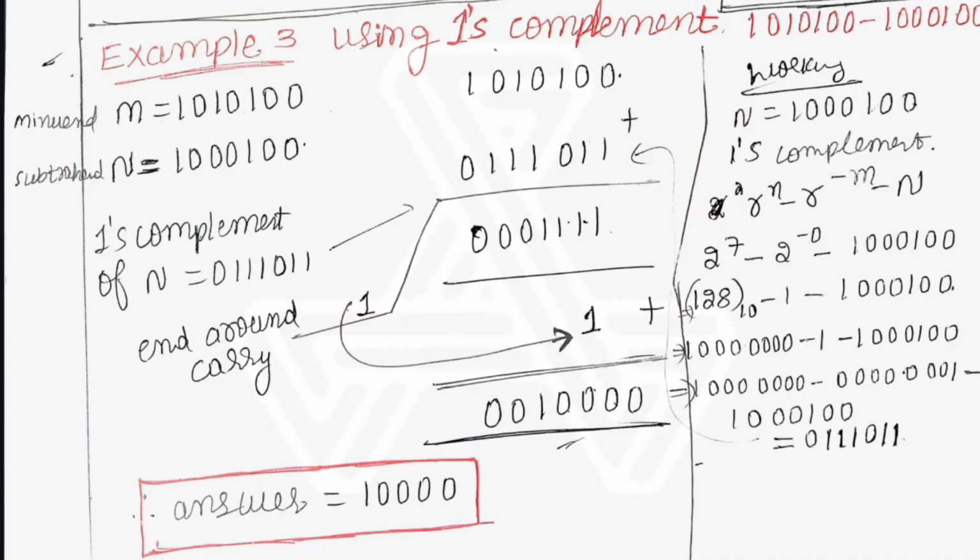So we take this as the base, 127, and then we need to add the minuend 1010100. That is equal to 1 1, so it is 1000.